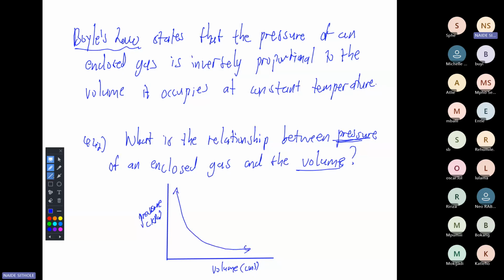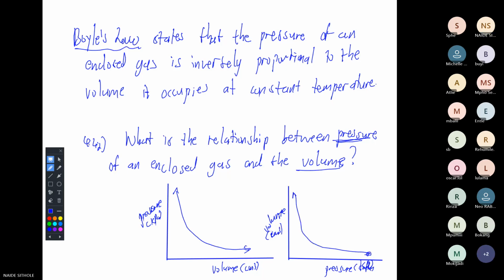Or you can even still have the same relationship, but they decide to put pressure here in centimeter cube and then volume here. Don't expect that it will always be pressure on one axis and volume on the other. So, or kPa here, centimeter cube. So this will still give you inversely proportional, right? So you can have those ones.